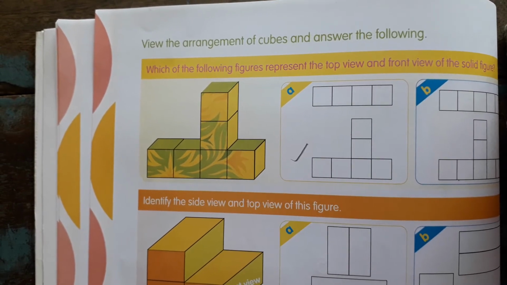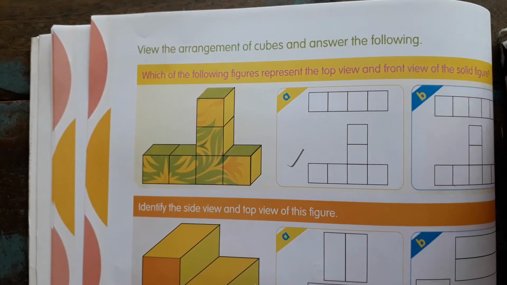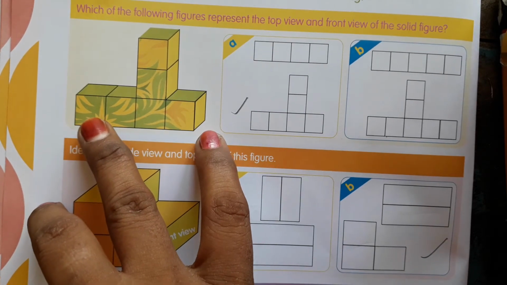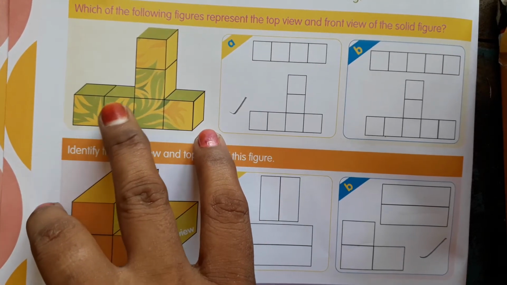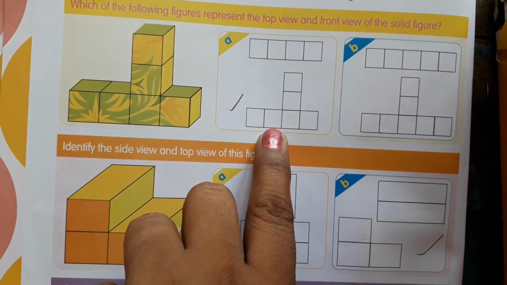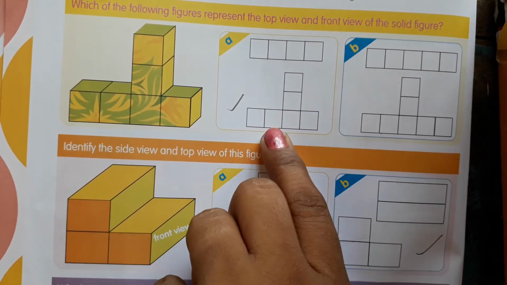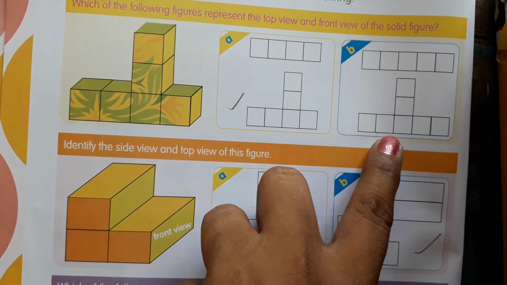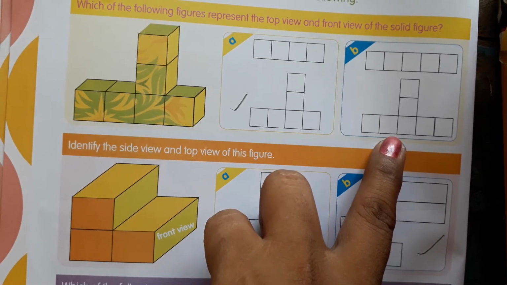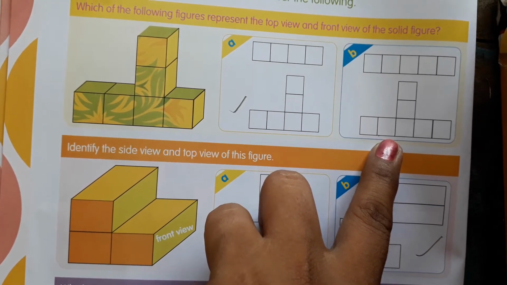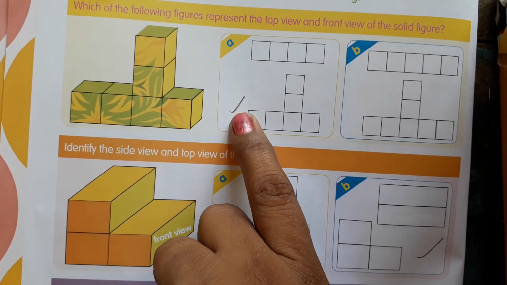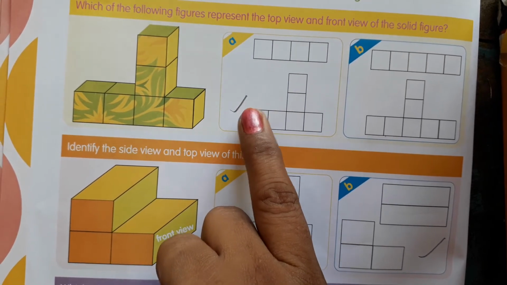There are two options, A and B. Observe, children. Here how many square grids are there? 1, 2, 3, 4. Look here. Same like that. But here there are 5 grids. So A is the correct option.